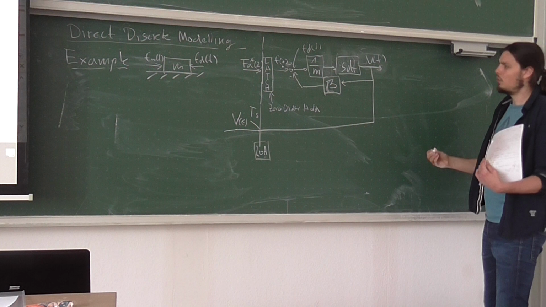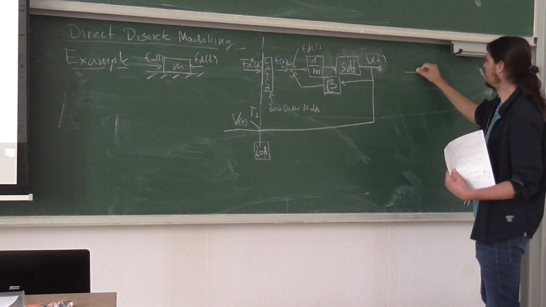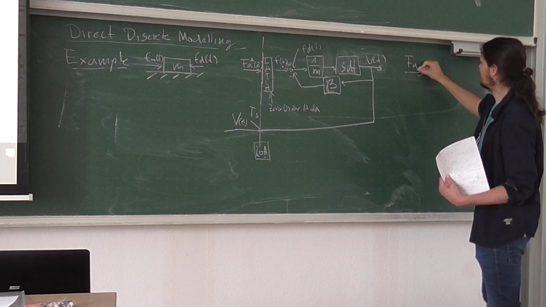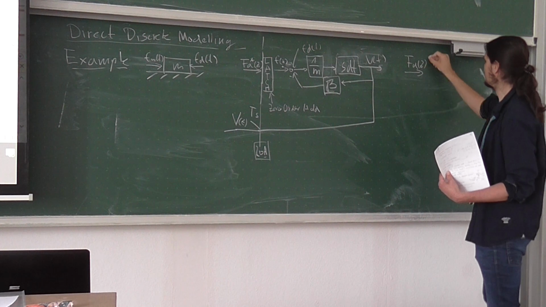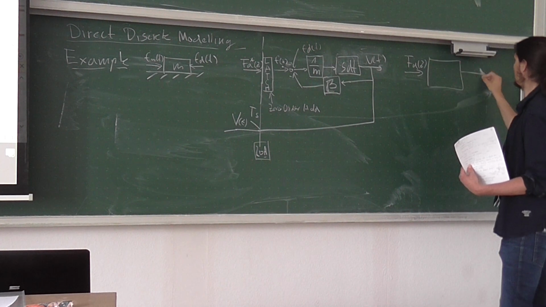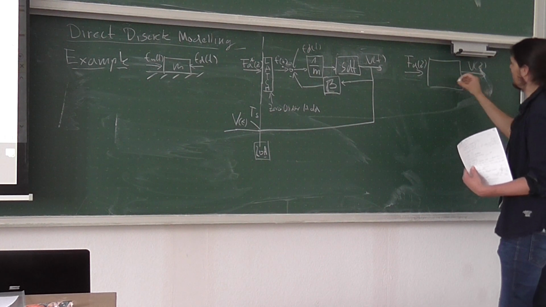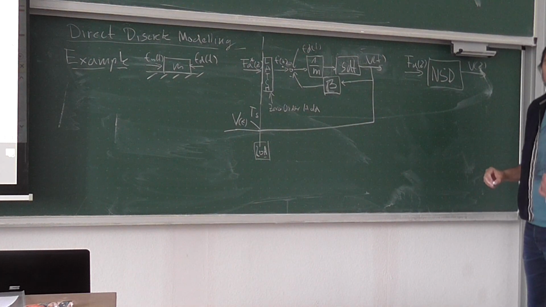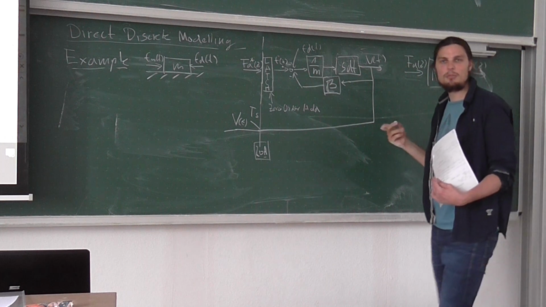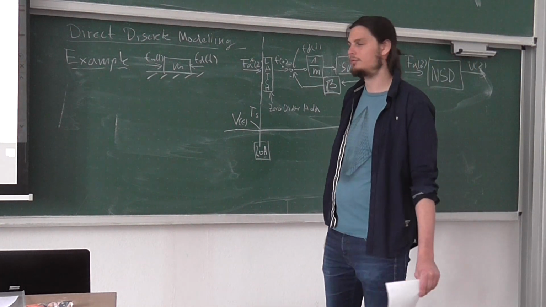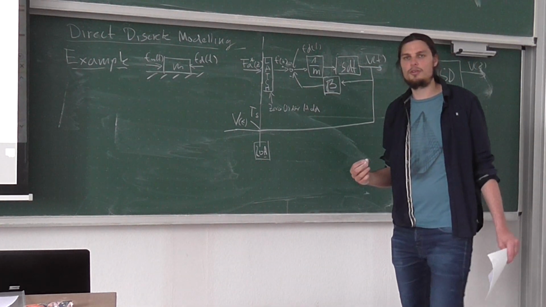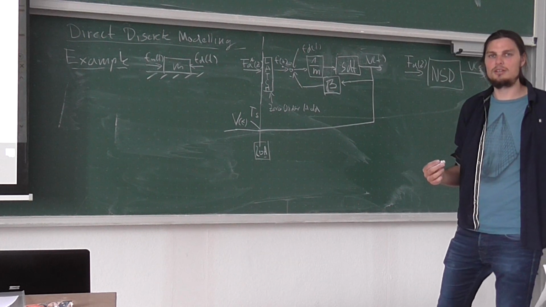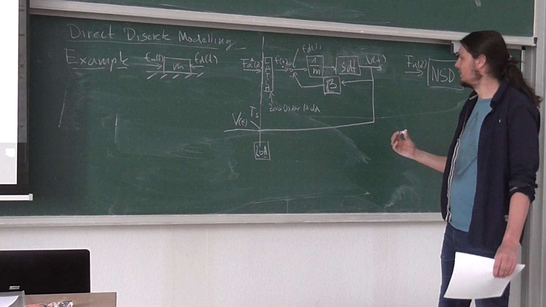So what we really want is, we want to know what is this transfer function? What is between Vf of z and V of z? And we call this the new system dynamics. What is this in z-domain now? This is our goal for today, to know how do we model this.